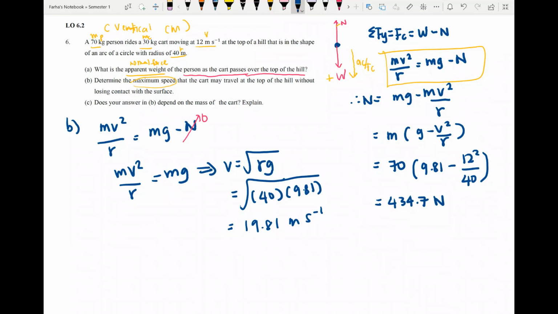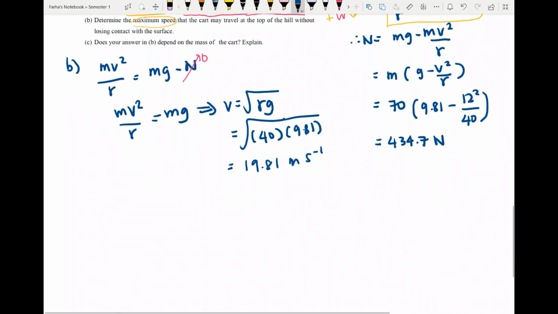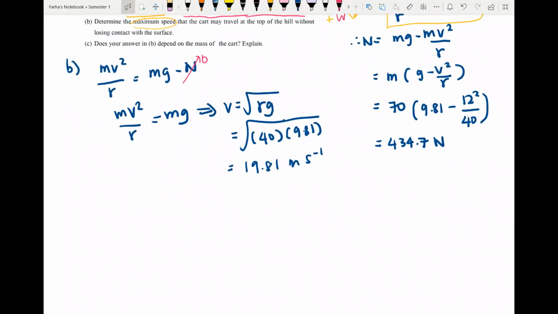Okay, now C, does your answer in B depends on the mass of the kite? Explain. Okay, so ini kita perlu ceritakan dari equation kita sendiri, iaitu equation kita tadi yang kita dapat adalah from mg minus N equals to mv square over r. Okay, kita dah rearrange tadi sebab N tu equals to 0. Kita dapat mg equals to mv square over r, and M kita boleh cancel out.